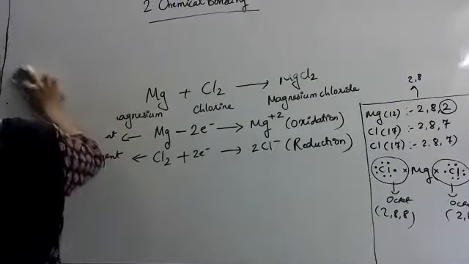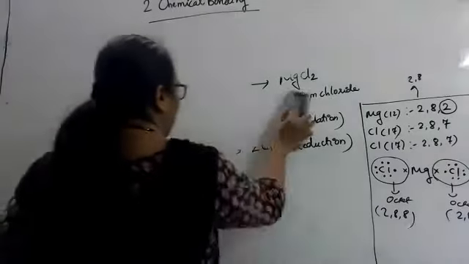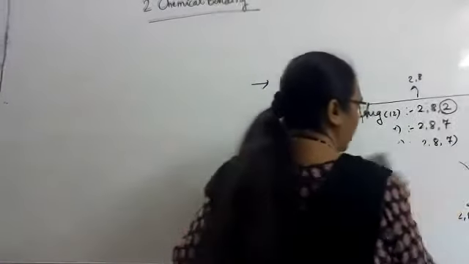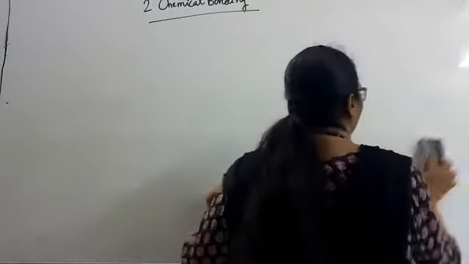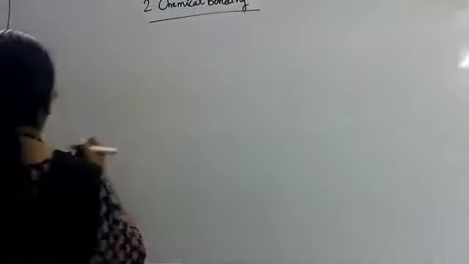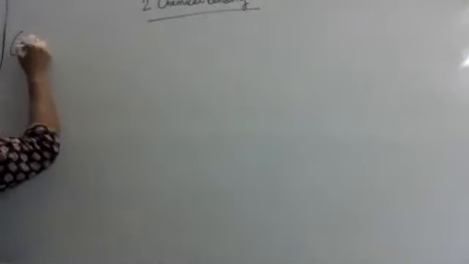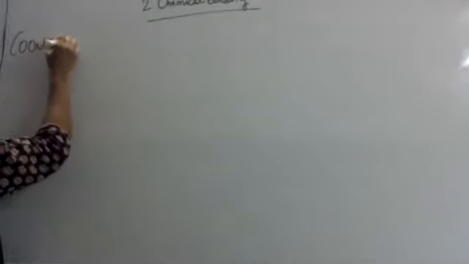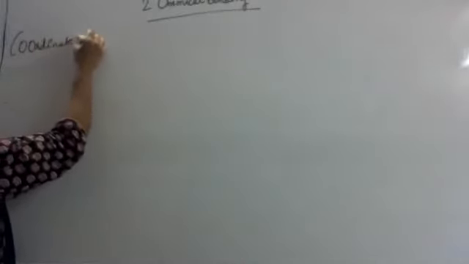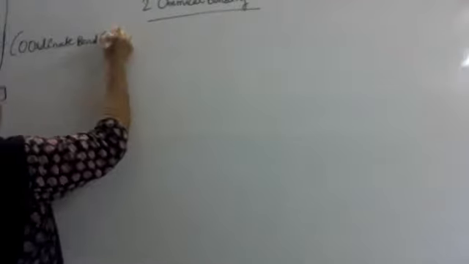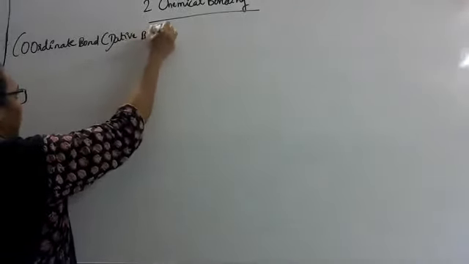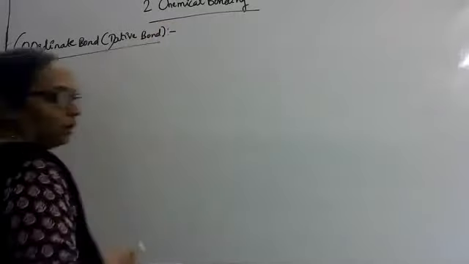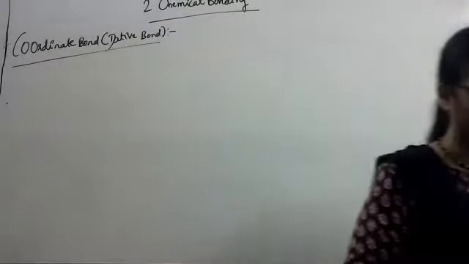The last type of bonding that we have to study is the coordinate bond, also called a dative bond.